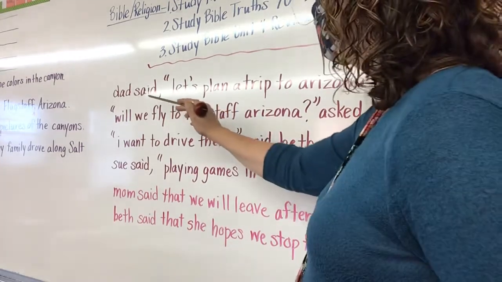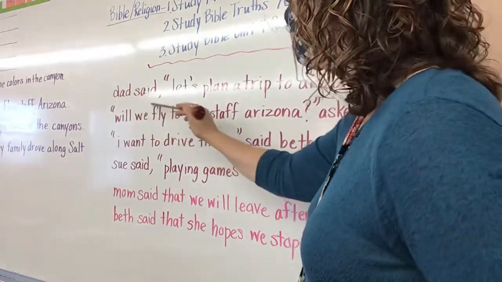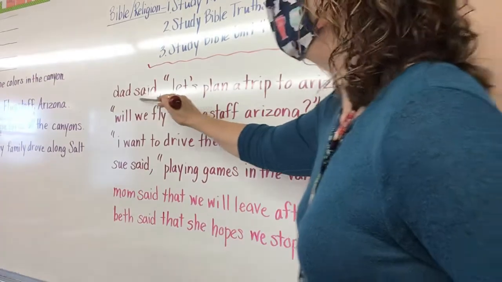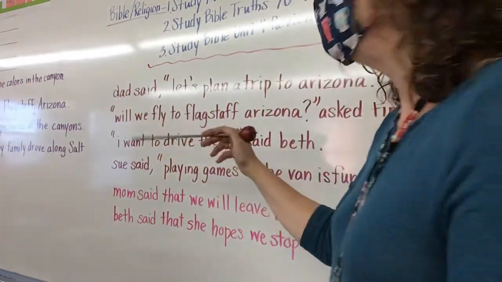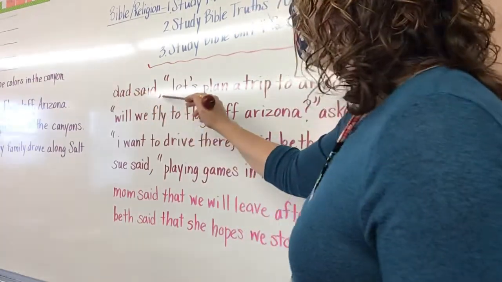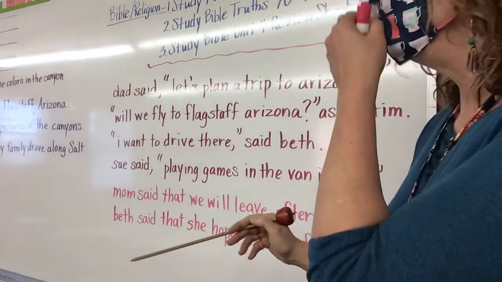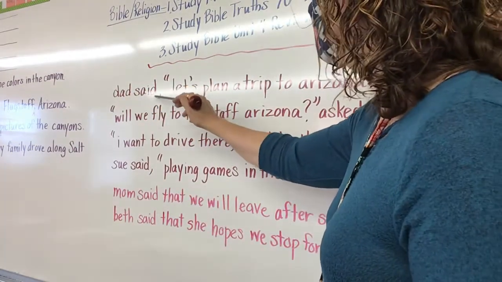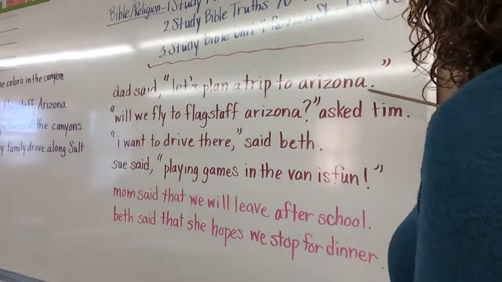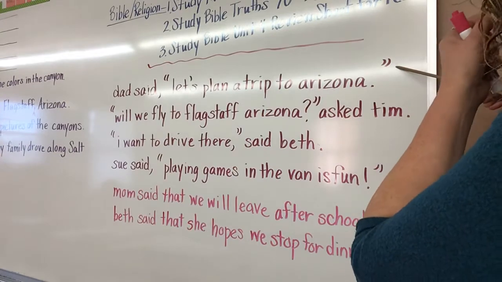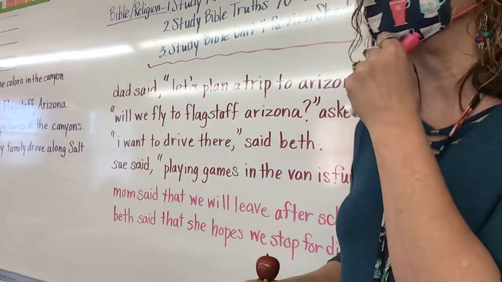Alright, now I already have the punctuation. Whenever you do a direct quotation, the part that's not the quote, the part that is explaining who said it and who asked it, that is a comma usually after it before you start the quotation. So you would have Dad said, comma, quotation mark, then you would have the quote, then you would have the ending punctuation, and then you would have the end quotation mark.